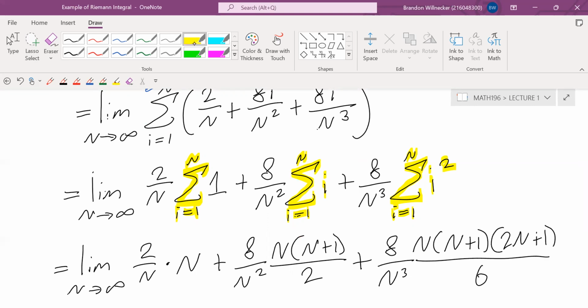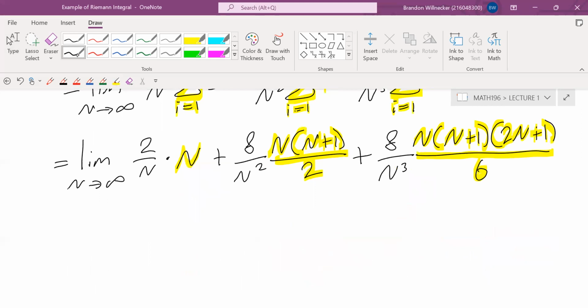So let me just highlight what we added here. So that's going to give us n. The second sum gives us n times n plus 1 over 2. And the third sum gives us n times n plus 1 times 2n plus 1 over 6. Okay, you don't need to show that these are true. You just need to know how you get from the sums to the closed form expressions in this bottom line.